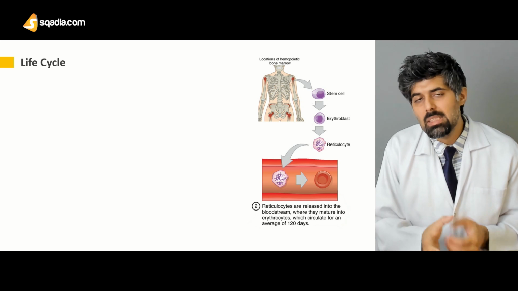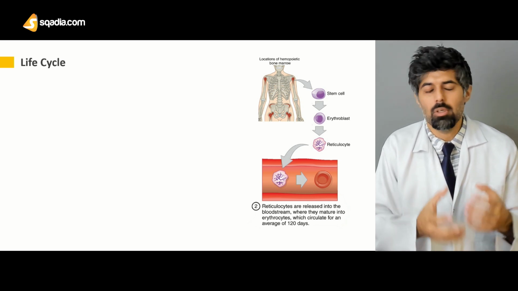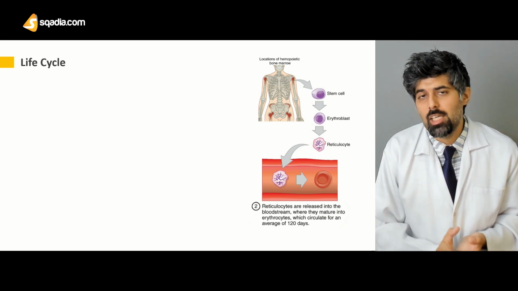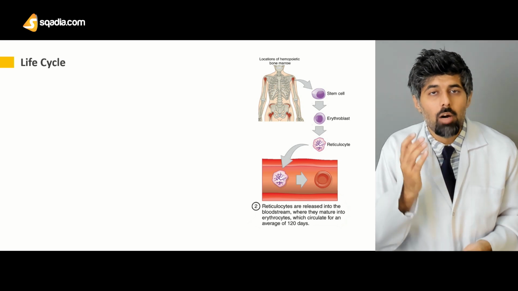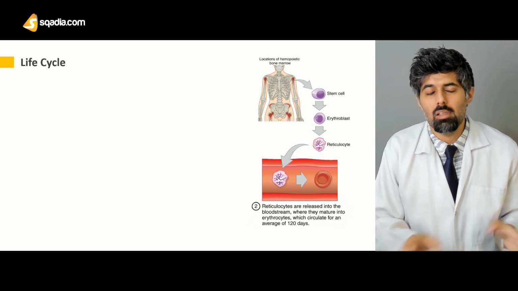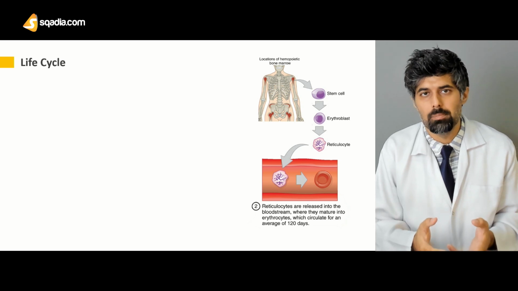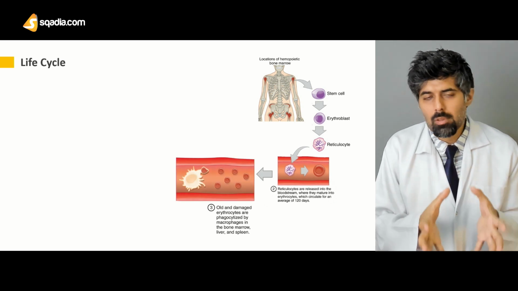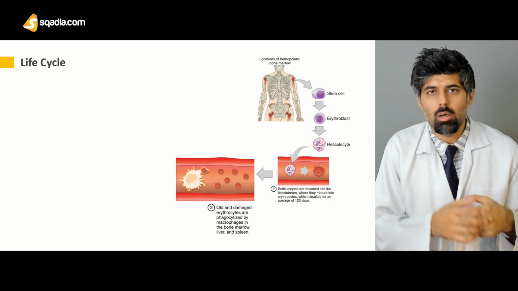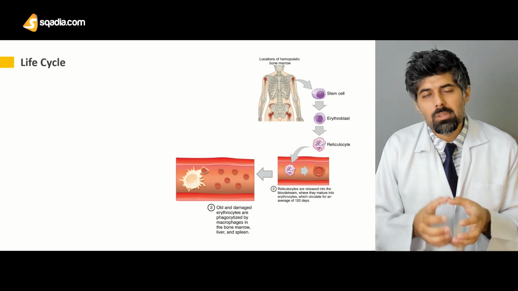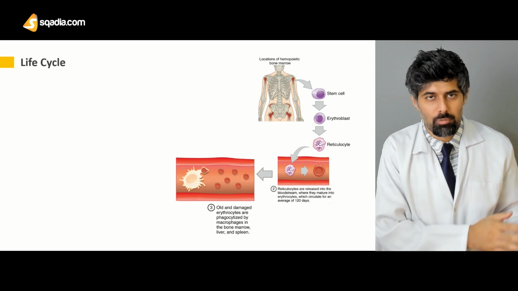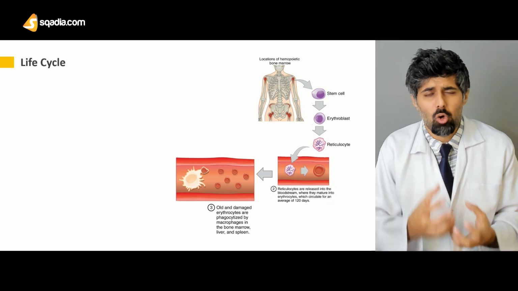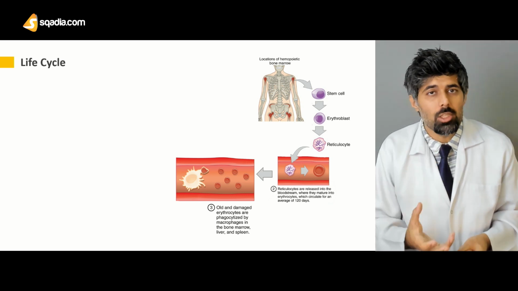Once the RBCs have matured into a proper erythrocyte, they circulate in the bloodstream for a total life cycle of 120 days. After the 120 days of their life cycle have expired, they are destroyed. After 120 days, or 3 months, all RBCs have lost their shape, they have shrunken, and they have lost most of their ability to carry oxygen.